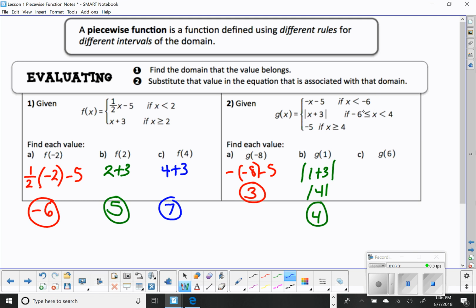No. Is it greater than or equal to negative 6 and less than 4? No. Is it greater than or equal to 4? Yes. In this case, my answer is just negative 5. This piece says anytime x is greater than or equal to 4, your answer is just negative 5. It's easy. It's a constant.